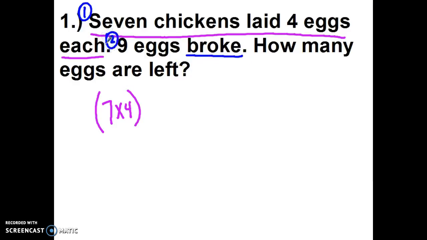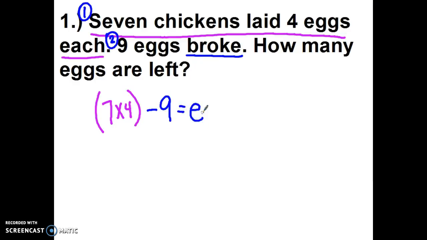So I'm thinking about this problem very carefully. Am I multiplying, dividing, adding, subtracting, a combination of them? How am I going to solve this? Okay, so I know if 9 eggs broke, and I'm asking for how many are left, then I need to take away that 9. And that's going to equal a certain number of eggs left.